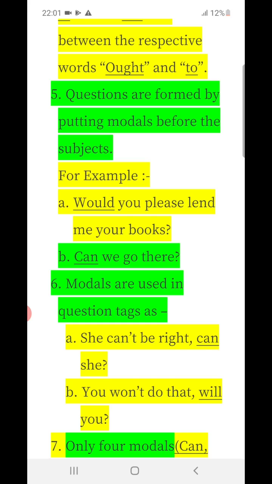So, would in the first example and can in the second example are modals, where questions are being formed by putting these words of modals at first of these interrogative sentences or questions.